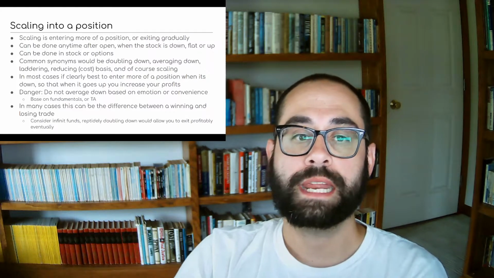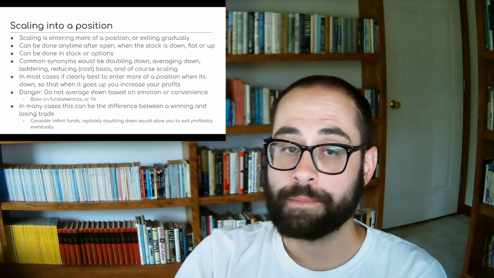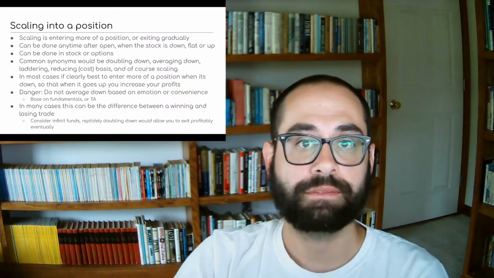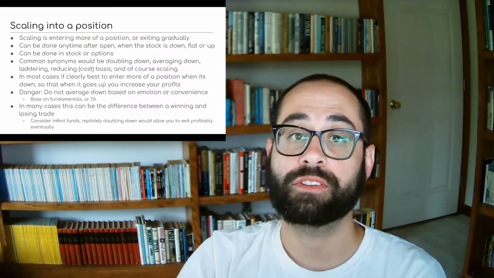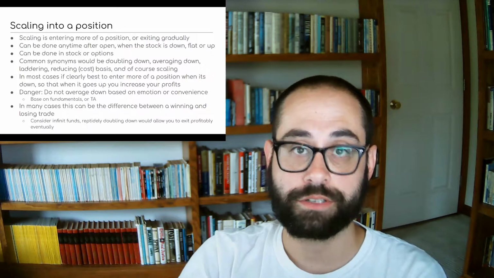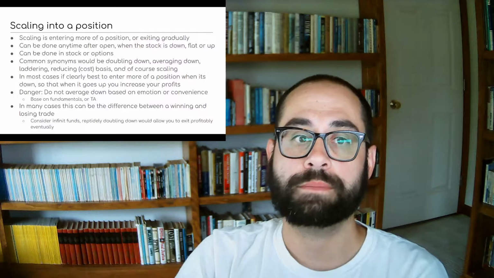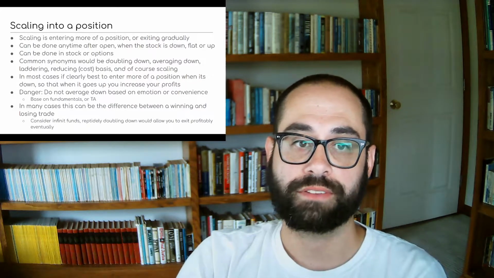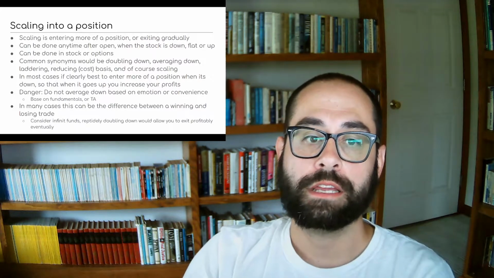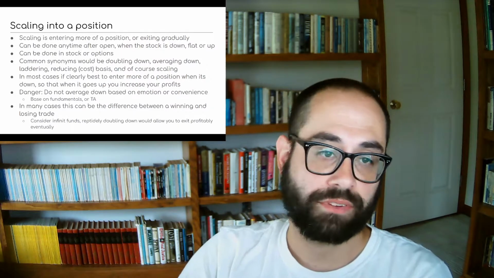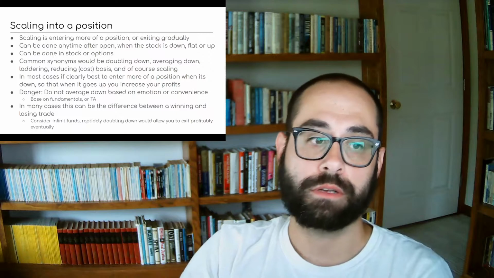And so then when it goes back up to 100, if you just had your one share, you would be breaking even at that point. But now that your cost basis for the two shares is $95, you're $5 in the green per share, so you're now up $10 because you bought that second share. So clearly, you would need to still believe in that stock or that position in order to want to do that.